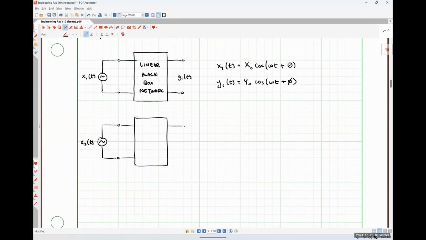I should be able to observe some output signal, y2 of t. And let's say that in this particular case, x2 of t was x naught sine omega t plus some phase angle theta. What would we expect our output to be?